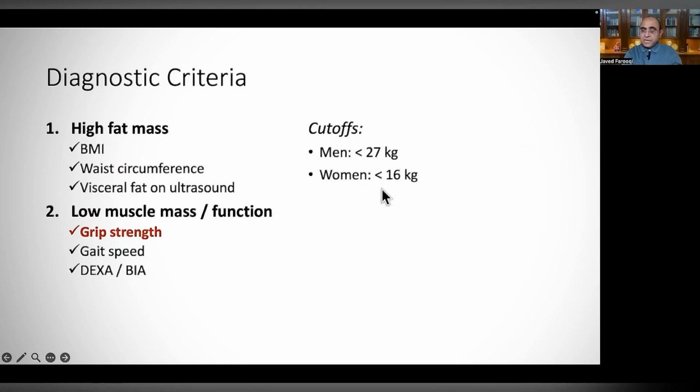If the grip strength is less than that, it means there is low muscle mass and low muscle function. And how is it calculated? By hand dynamometer, which is cheap and portable, and you can check in your clinics and in your OPD rooms.